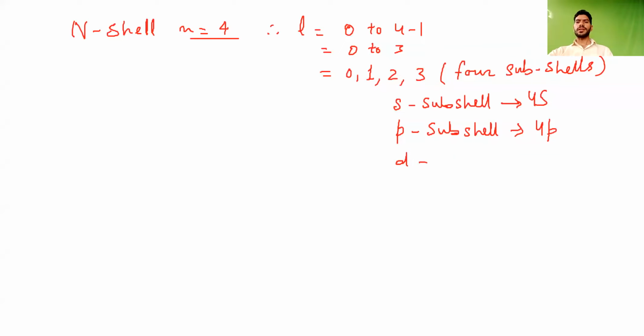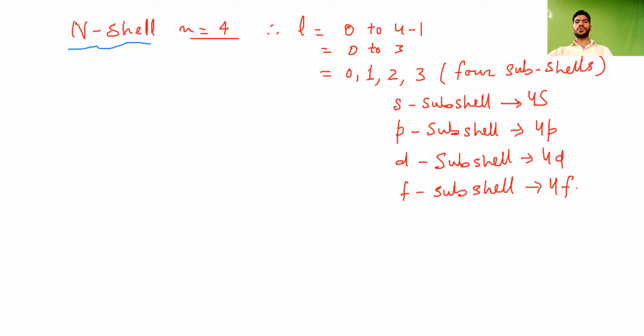Then we have the D subshell, which will be represented by 4D. And similarly, there will also be the F subshell, which will be represented by 4F, correct? So you have to remember that in case of the N shell, that is the 4th shell, there will be 4 subshells: S subshell, P subshell, D subshell, and F subshell.